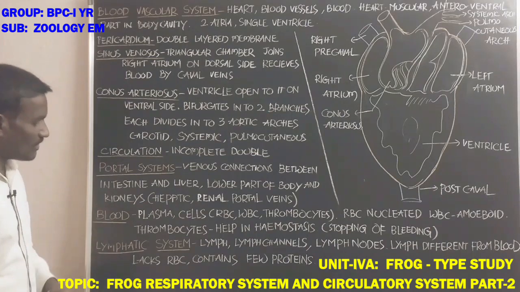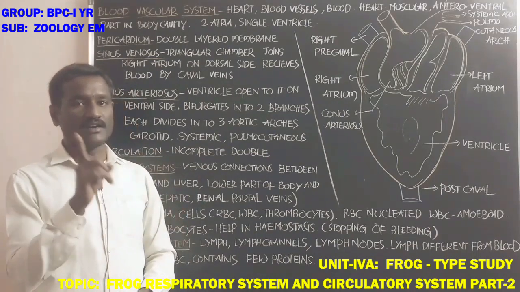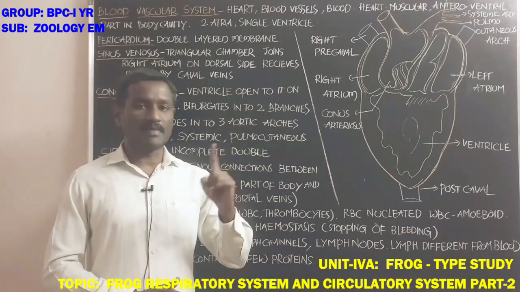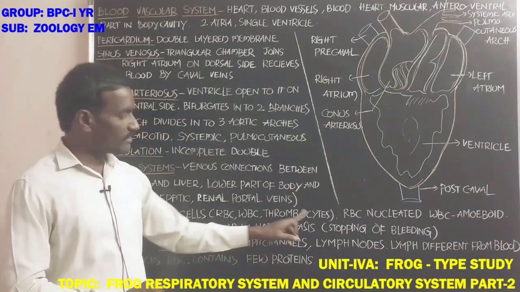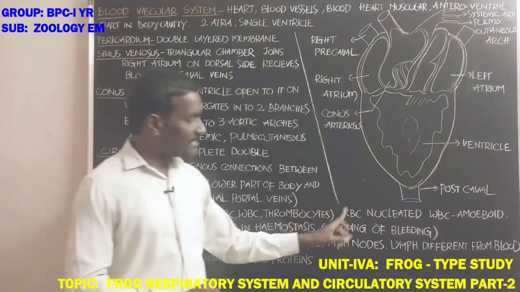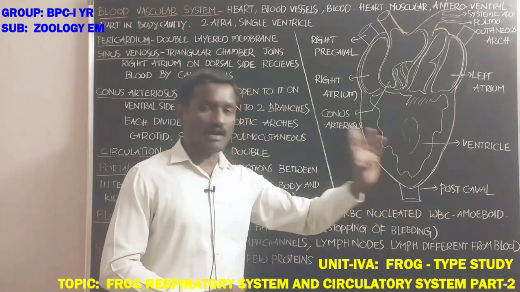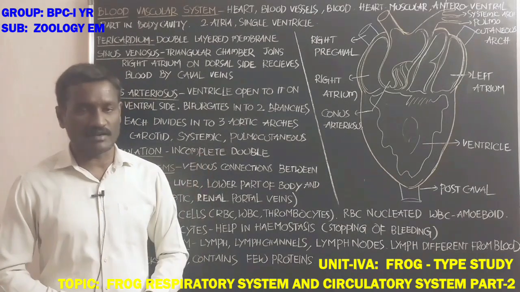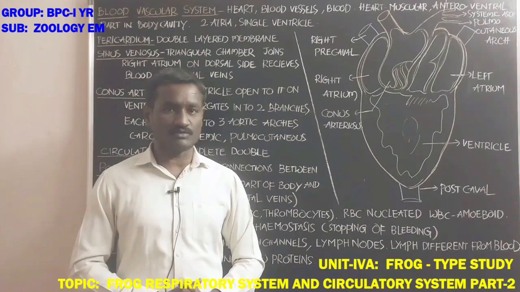Next, blood, students. What about the blood? Blood consists of plasma and different types of cells. Blood cells are red blood cells, white blood cells, and thrombocytes. Red blood cells are nucleated and white blood cells are amoeboid cells, phagocytic in nature, engulfing bacteria or microorganisms.